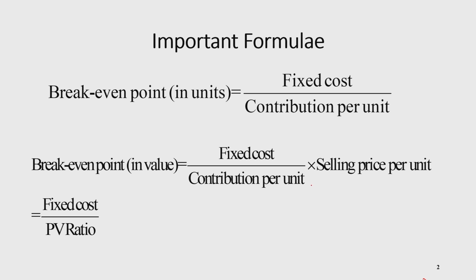Suppose you have purchased a car, the fixed cost is of course the driver's salary that you have to give whether you use that car or not, and similarly the depreciation amount of the car.